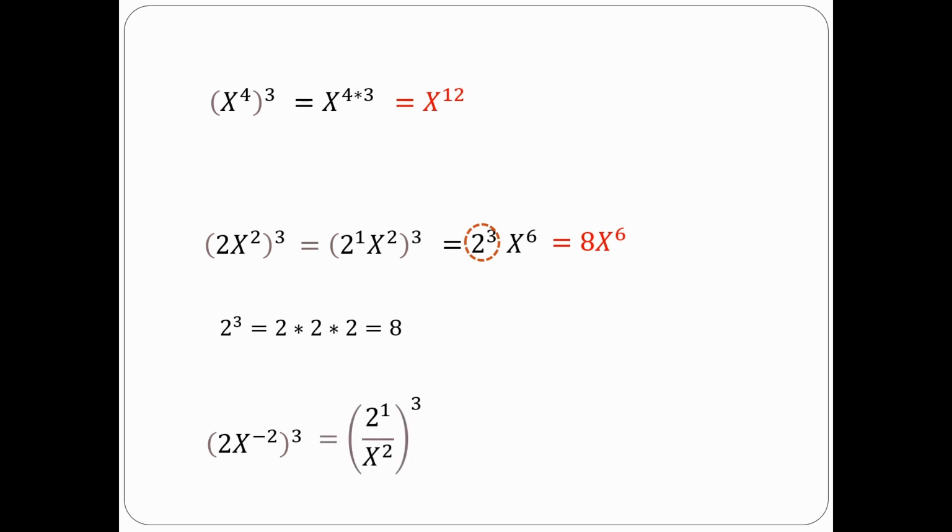So the problem will look like this: 2 over x squared with exponent 3. By multiplying the exponents, it will become 2 cubed over x to the 6. The final answer is 8 over x to the 6.